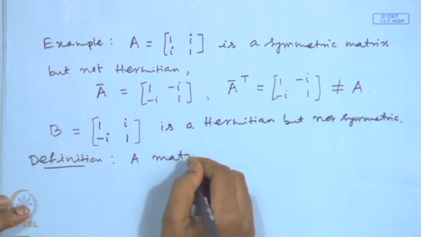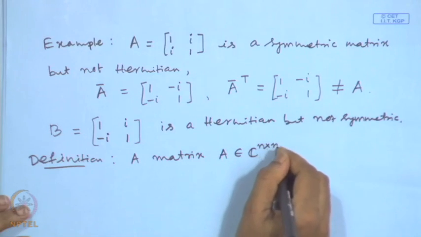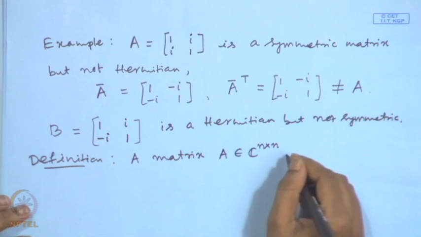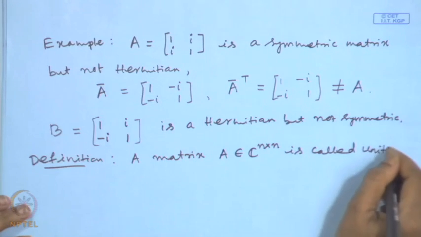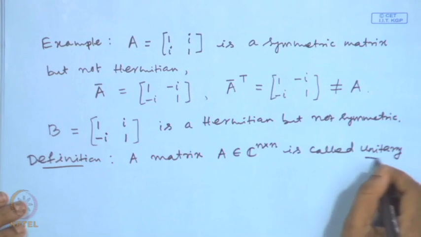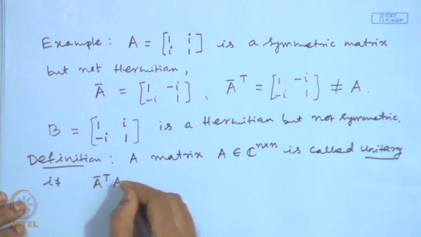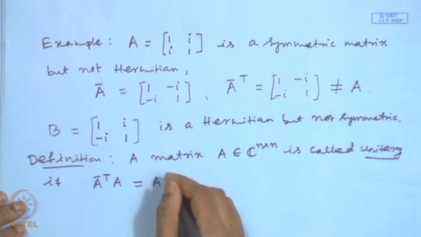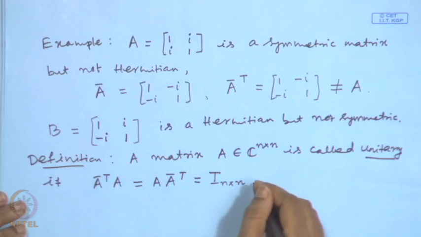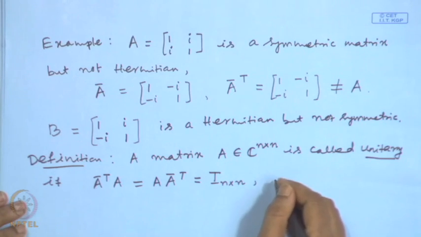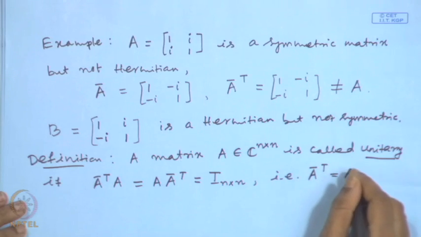A matrix A in C n cross n, that means an n by n square matrix with complex entries, is called a unitary matrix if A conjugate transpose times A is equal to A times A conjugate transpose is equal to the n by n identity matrix, or that is the same as A conjugate transpose is equal to A inverse.